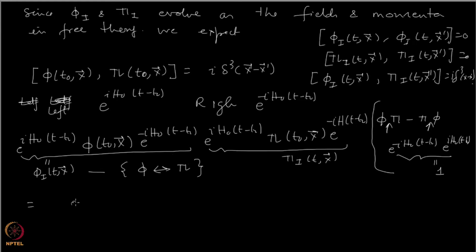So what you get is phi I t x, pi I t x, and this commutator. And what has happened on the right hand side? On the right hand side I have multiplied from the left this object and from the right this object. Delta cube, this entire thing, is a complex number, so that doesn't interfere with these operators. So these two operators can be brought together and they just kill each other and give you 1. So this factor remains.